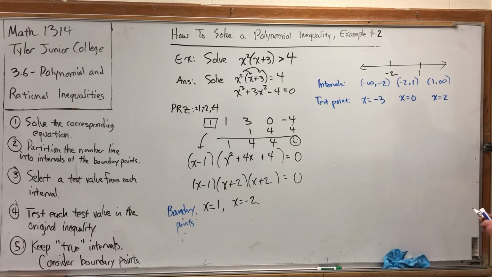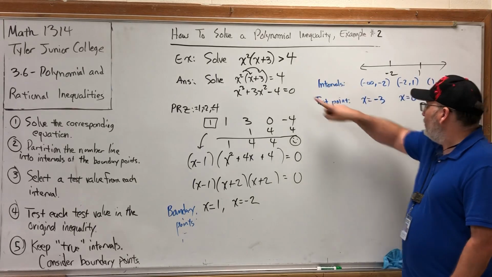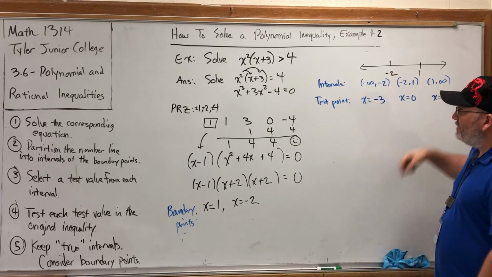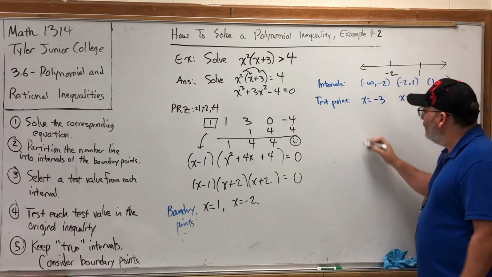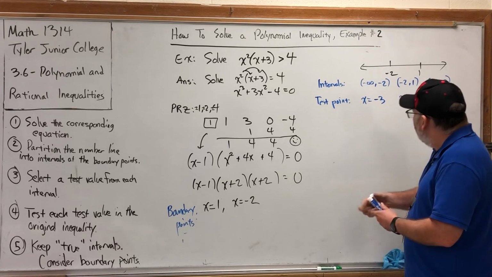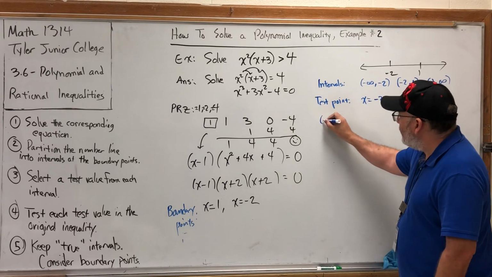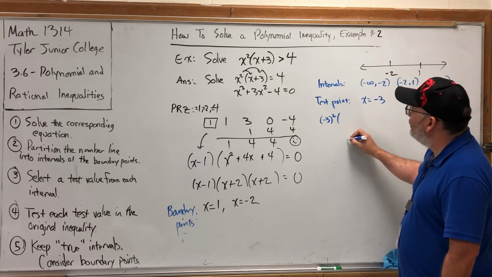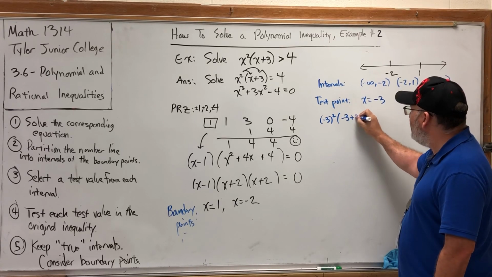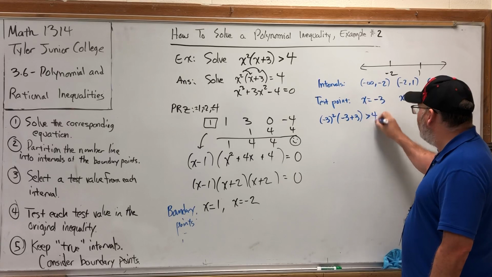Now that we have our test points, we test them into the original inequality. The original inequality is up here, so we're going to substitute each of these values into it and pass judgment on the results. Starting with negative 3, we have negative 3 squared times negative 3 plus 3, and we're seeing if that's greater than 4.